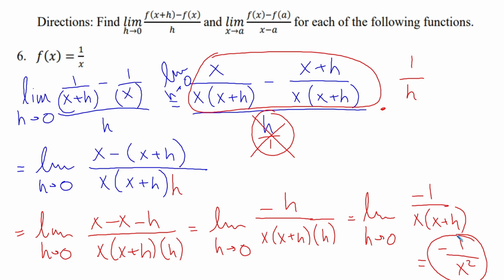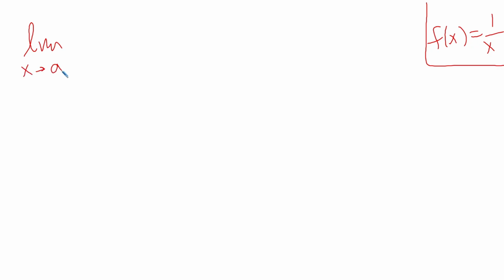So now we'll do this one using the limit as x approaches a. I'll put my function up here in the corner again. We've got f of x is 1 over x. So we will do a limit as x approaches a of f of x minus f of a all over x minus a. We'll want to get a common denominator again.